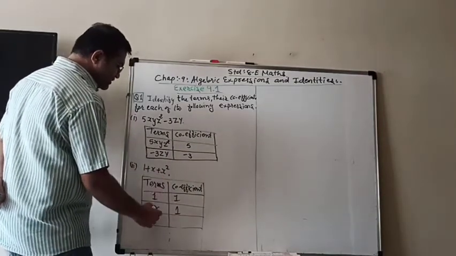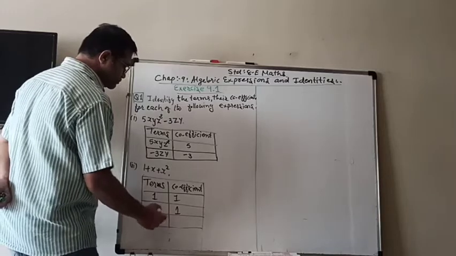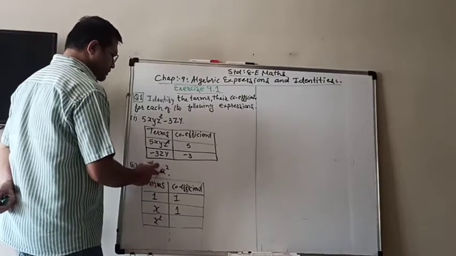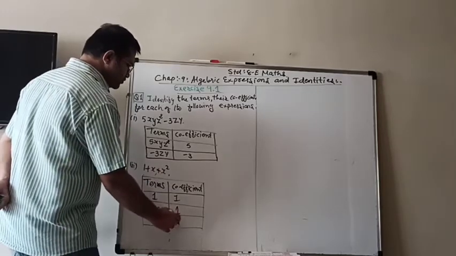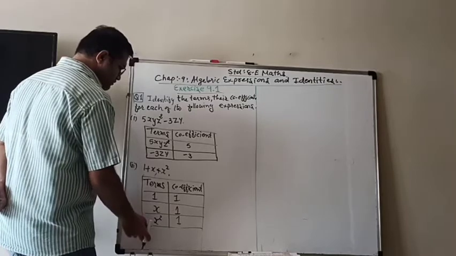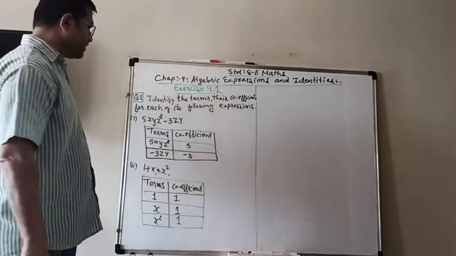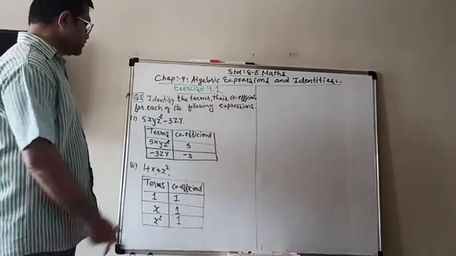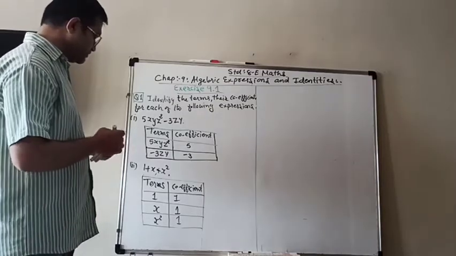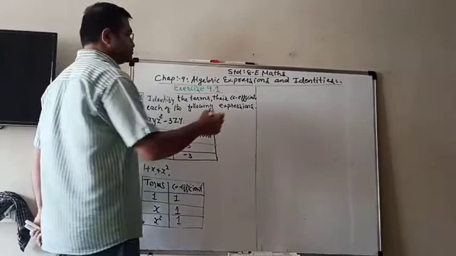And the last term is x square, and it also does not have any number, but 1 is there, so you can't say there is no coefficient, because when there is nothing, 1 is there, invisible. So we can say that 1 is the coefficient of that last term.